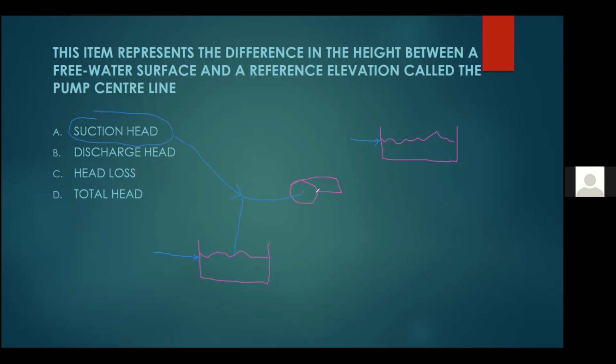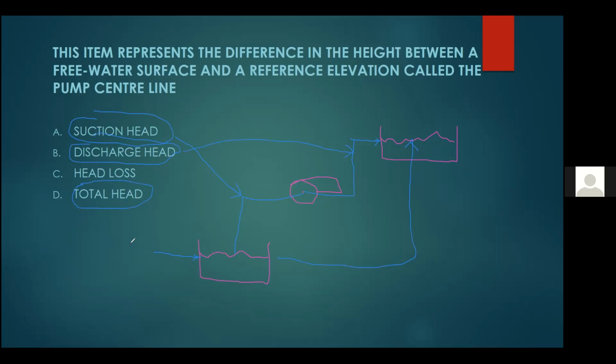If I go from the pump center line to a free water surface, that is now discharge, on this side of the pump. The total from this surface here to that surface there is the total.